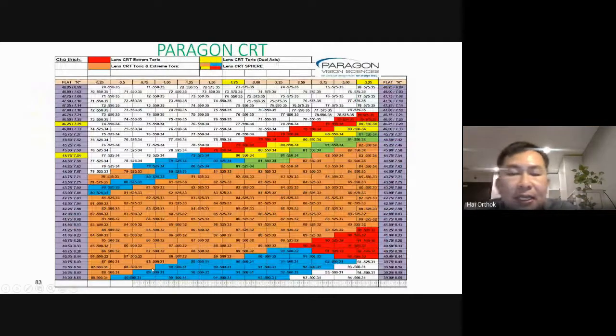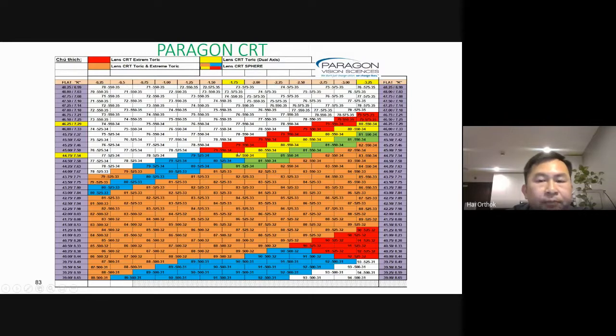The Paragon CRT is very effective in terms of one lens providing many prescriptions for your patient. For example, if you have the lens 8-0-5-5-0-34 angle, you can prescribe it for a curvature of 44.75 and a patient with minus 1.75 diopter.